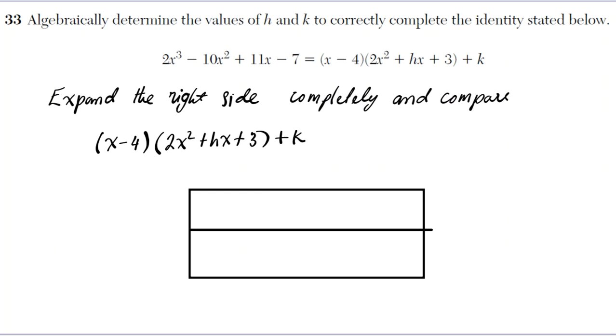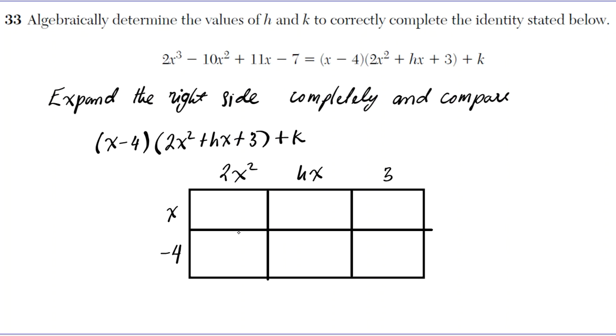Okay, so we have 3 terms here. Now the quadratic trinomial goes on top: 2x squared, hx, and positive 3. And then we're going to configure our linear binomial vertically, x and negative 4. So this is just a multiplication grid that we're going to simplify.